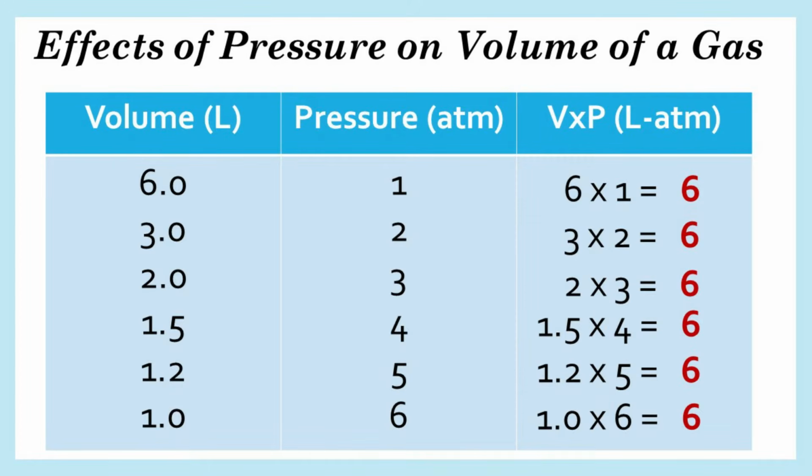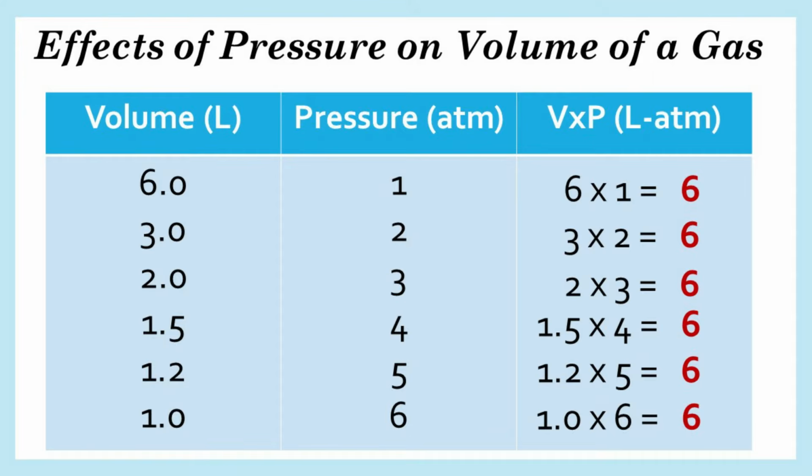Let us consider the table on the effects of pressure on the volume of the gas. The values of the volume in liters are 6.0, 3.0, 2.0, 1.5, 1.2, and 1.0. The values of the pressure in atmospheres are 1, 2, 3, 4, 5, and 6.